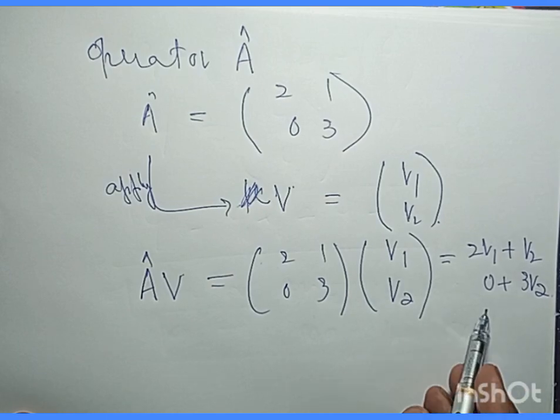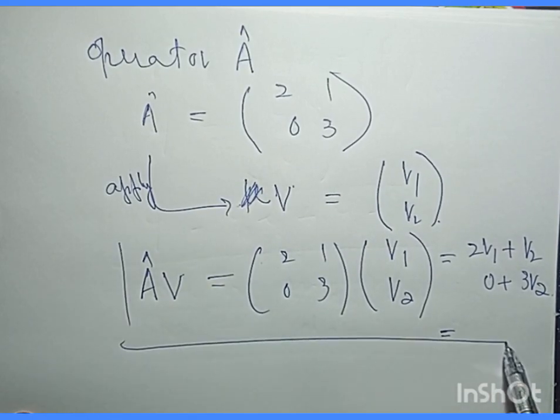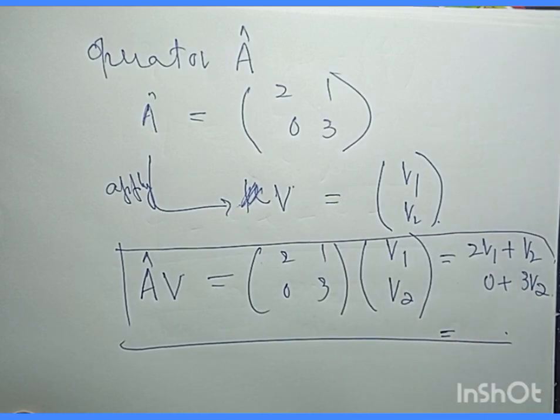So the result that we have obtained here is a matrix. Now, this is the idea of using an operator on a state vector and obtaining some data out of it.